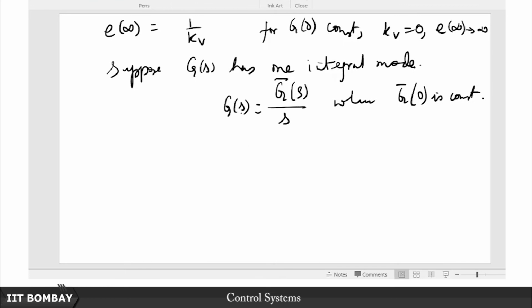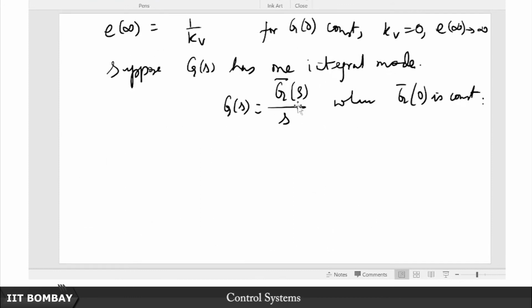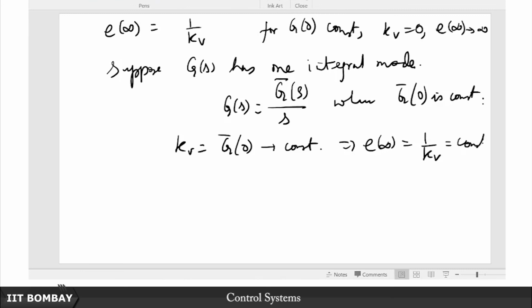So this is what G(s) is then. In that case what happens? Notice from this previous description here, s times G(s) is going to be nothing but G bar 0. So in that case Kv is equal to G bar 0, which is a constant, and therefore E of infinity is equal to 1 by Kv, which is also a constant.